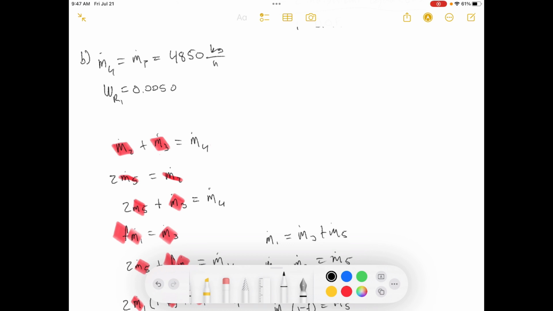Part B, suppose that MP is equal to this value, which is our M4, and that the mass fraction going into the reactor is this amount. Now, when I went through and solved this, and then if you look in part C, they have a range that you're supposed to calculate XRA from.